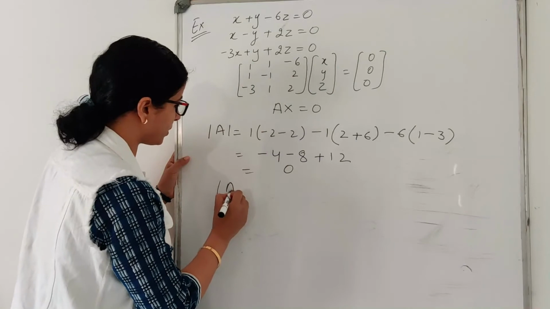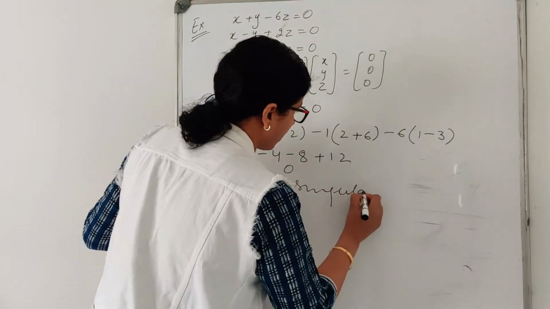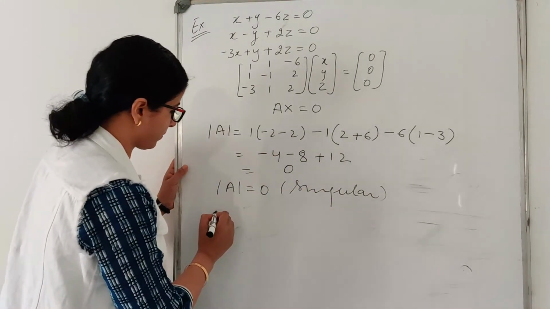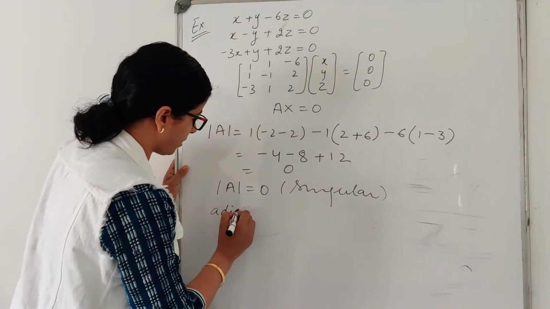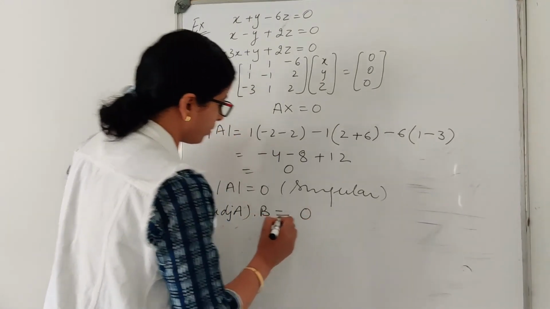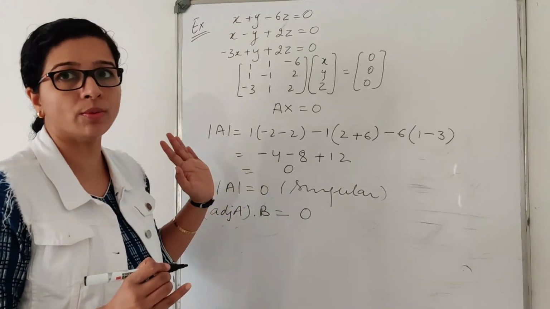So my determinant of A is equal to 0, which means it is singular. Whenever it was singular, we used to find adjoint A into B, which is obviously equal to 0. Since my B is 0, multiplication of any matrix with a null matrix will be 0, right?